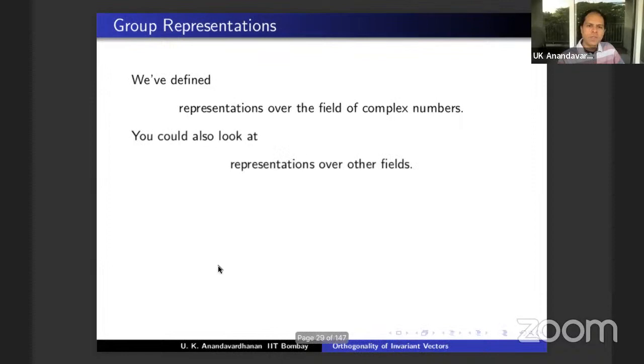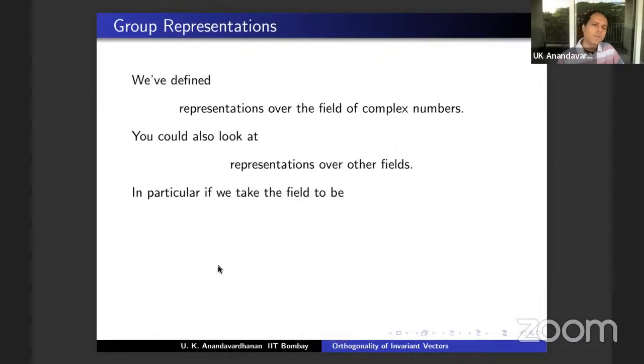You could also look at representations over other fields. For example, people like Guhan, Venkat might look at other fields. They may be interested in finite fields or algebraically closed fields of characteristic p instead of complex numbers. That's possible. So you could also look at representations over other fields.